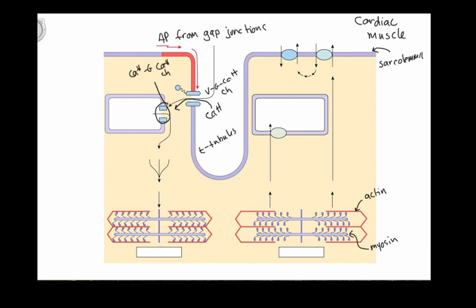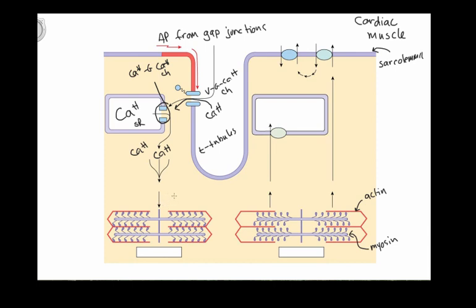So calcium binds with that as a ligand, and of course this is calcium stored in the SR, and causes it to open, and more calcium comes out, and that joins the calcium that came from these voltage-gated channels and out of other channels on the sarcoplasmic reticulum.